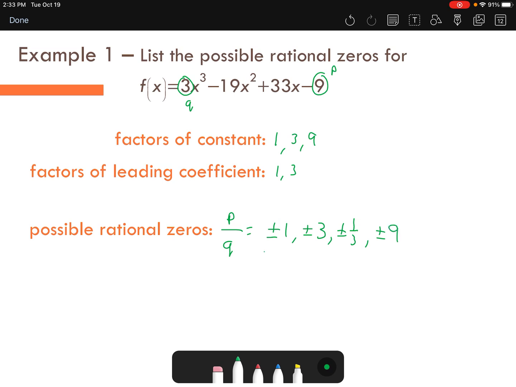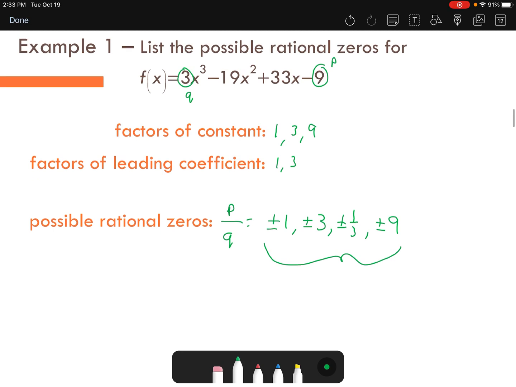So plus or minus 9. So here, I believe that's it. Those are the possible rational zeros that are in f of x equals 3x cubed minus 19x squared plus 33x minus 9. So now what do we do?